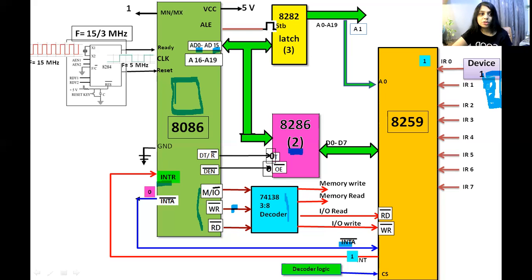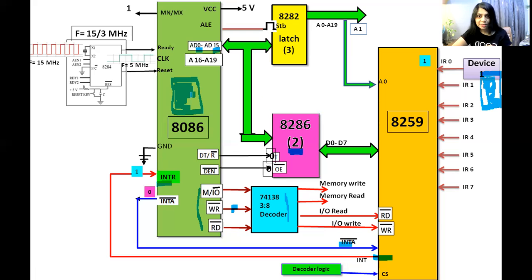This program is known as the interrupt service routine, or it is also called an interrupt subroutine. And whatever program 8086 is executing is the main program. Remember that both programs are in the same memory but at different memory addresses. When 8259 receives logic 1 on this pin, it will send an interrupt request on the INT pin to the INTR pin of 8086.